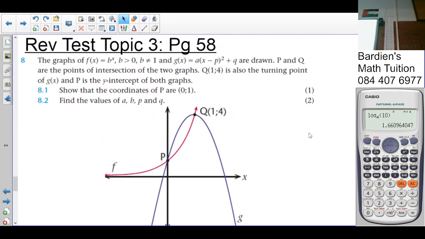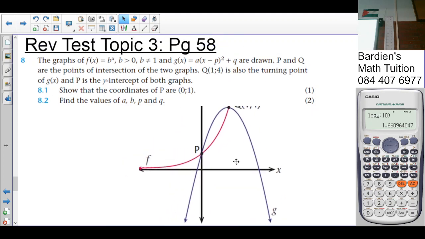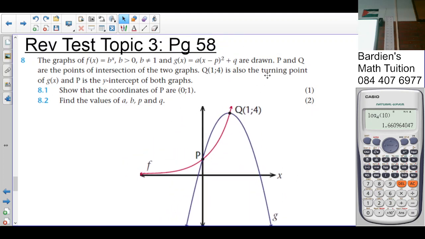Okay, so we have two graphs, f and g. P and Q are points of intersection. Can you see the two graphs are cutting?